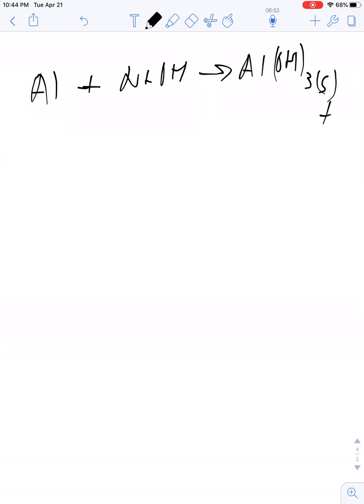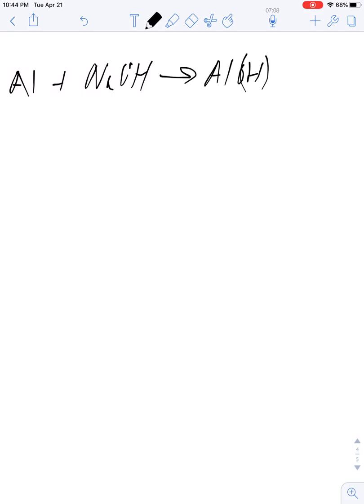I'm going to rewrite this because I ran out of room and I feel upset with myself. So the aluminum reacts with the sodium hydroxide. We get aluminum hydroxide and sodium ions. Okay, I'm going to balance this just for the fun of it. All right.